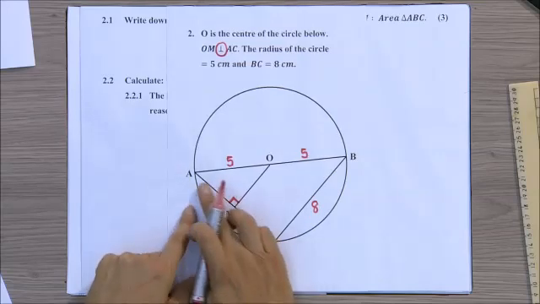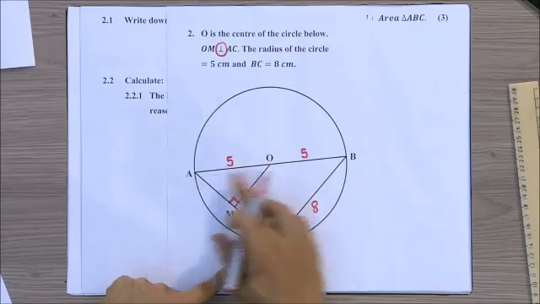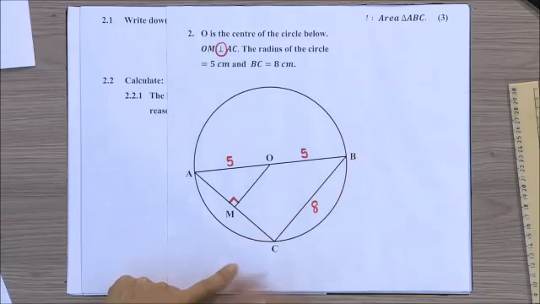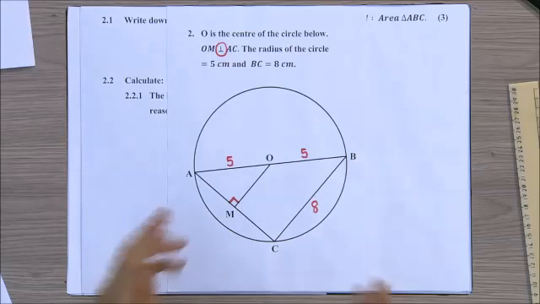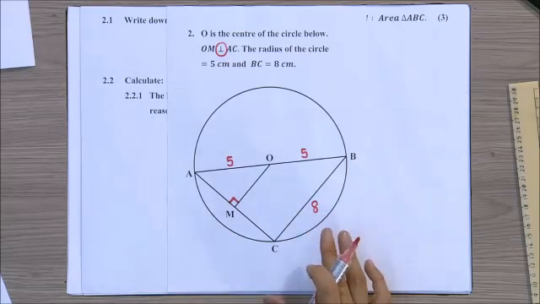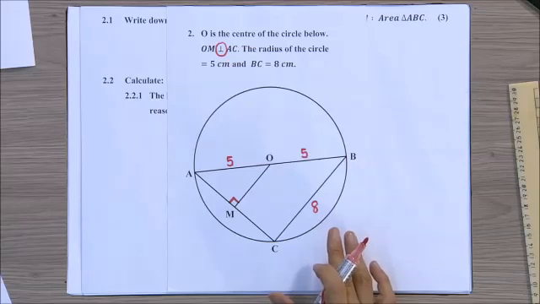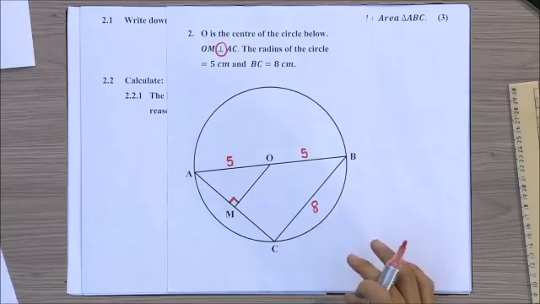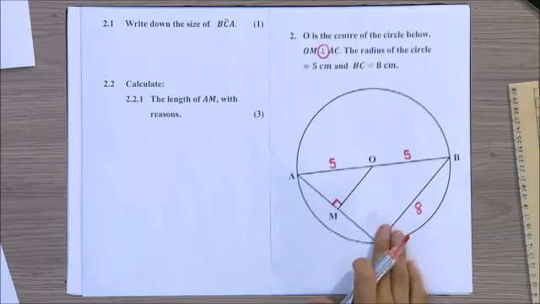The radius is 5, so OA is 5, OB is 5, and then BC is also equal to 8. So write the information on your sketch, and if you do that, then it will be easy for you to get to your answer. Let's look at the questions.